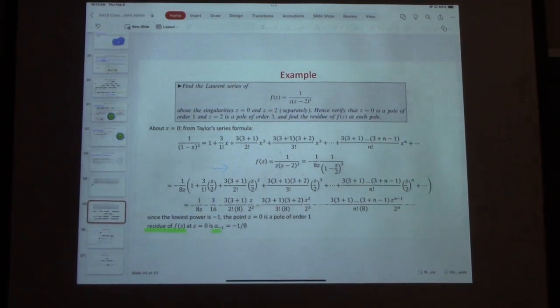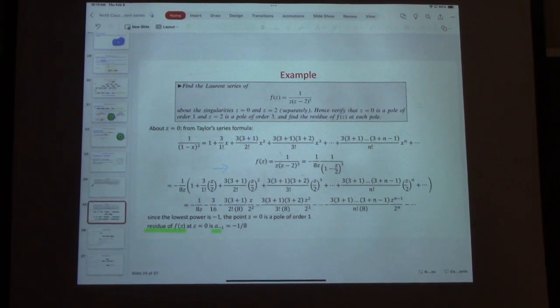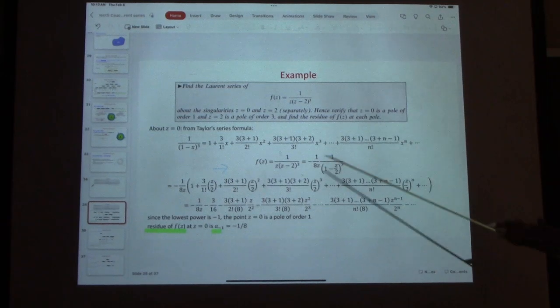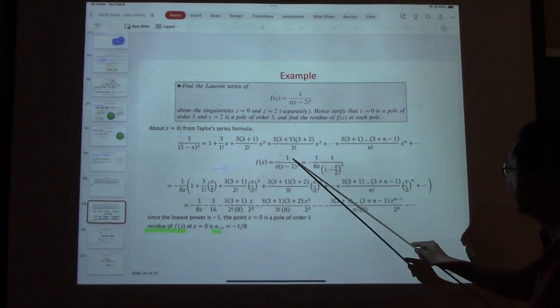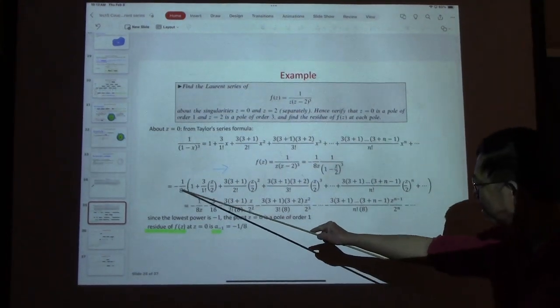Once you are here, now you can spot the Lorentz series. What is inside the parenthesis will be analytic. It is just the Taylor series of this. But now we have this 1 over z in front, so we need to put this in.